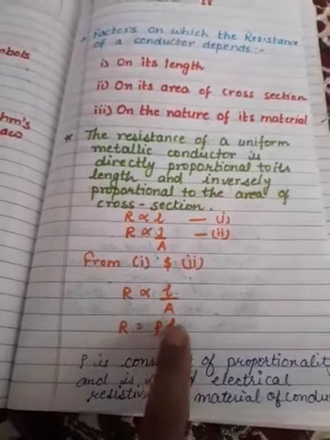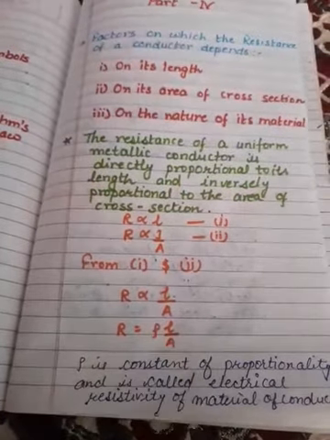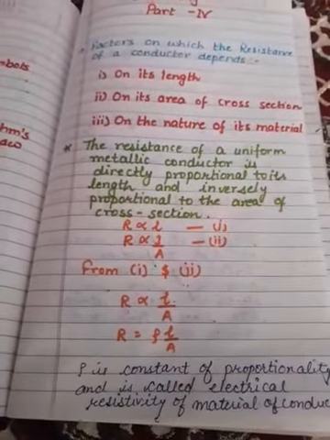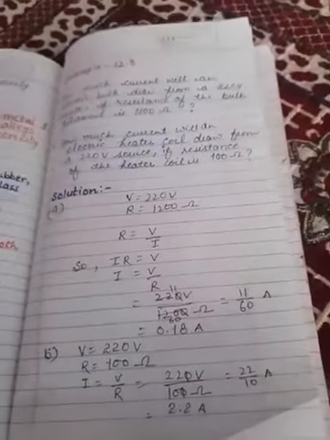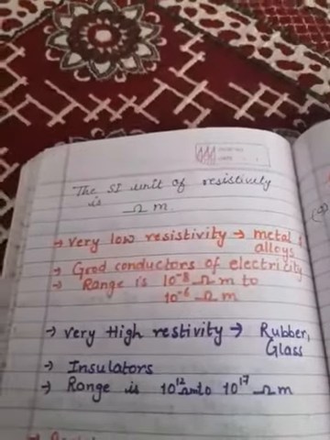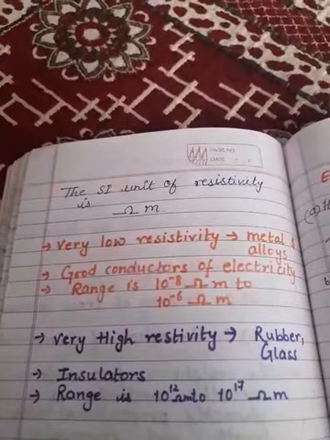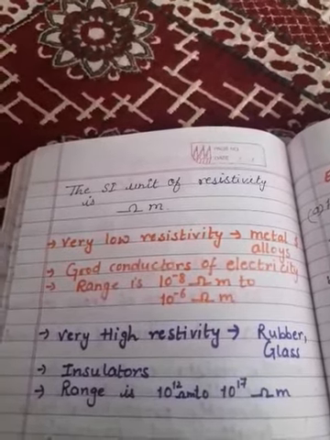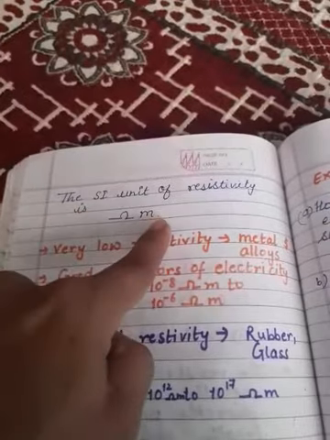So here we will write this sign, rho, which is known as resistivity of the material of a conductor. After that we will talk about the SI unit of resistivity, which is ohm meter. The SI unit of resistance is ohm, but the SI unit of resistivity is ohm meter.